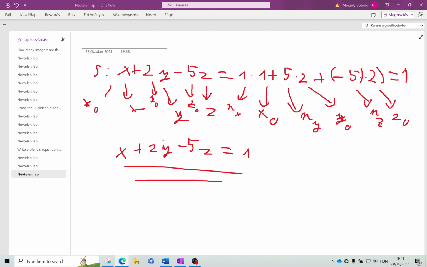The question goes like this: how many integers are there between 1 and 1000 which have an equal number of even and odd divisors? Could you repeat it, please? Yeah.